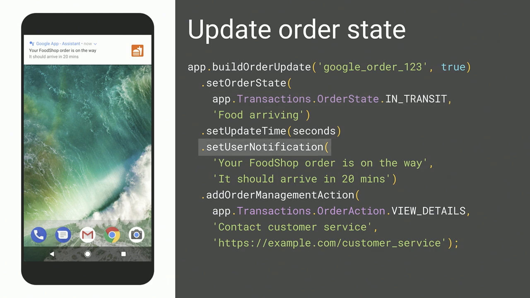Next, set the content of the system notification, like your food shop order is on its way. Last, add any follow-up actions to the order update. These are displayed along with the receipt in the order history. In this example, we have added a follow-up action of type URL to contact the customer service.